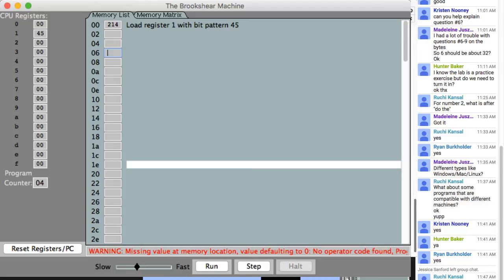The program counter, by default, where is the program counter by default, so 2A.